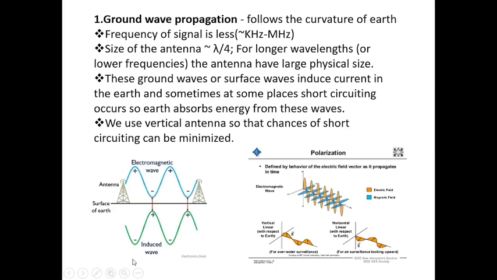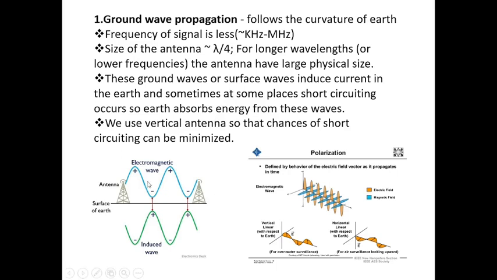So there is attenuation, which means the strength of the electromagnetic wave decreases. Attenuation is because of the short circuiting. As I said, in order to minimize this short circuiting, we use vertical antennas in which the electric field vector is perpendicular to the earth surface.